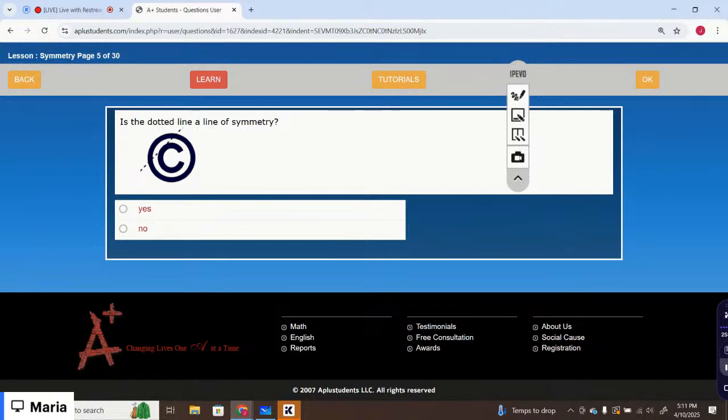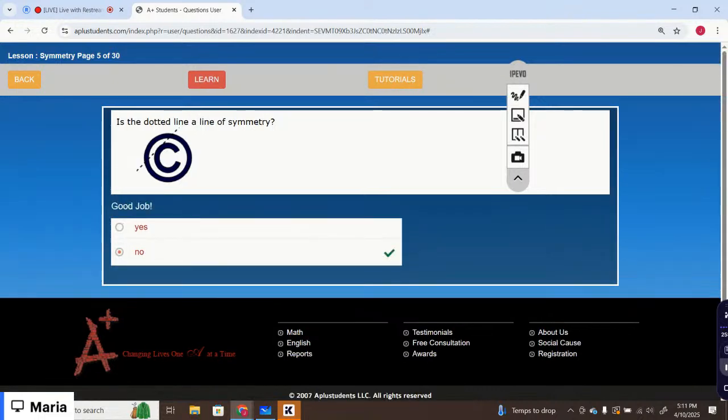Is the dotted line a line of symmetry? No, that is not a line of symmetry. Option number two is the correct option.